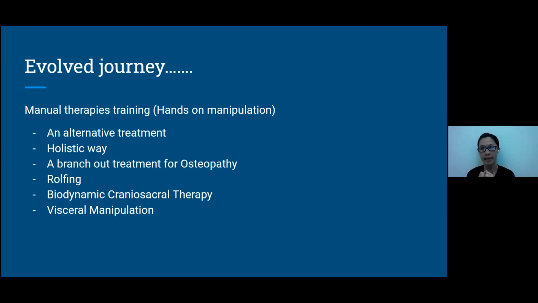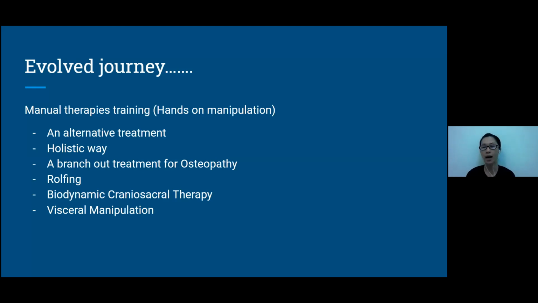I had to send my clients to physiotherapists, to acupuncturists, in order to release those tensions and improve their movement performances. So then later on, I progressed to pursue more manual therapy courses. It's an alternative treatment, in a holistic way, as in a combination of mind and body.